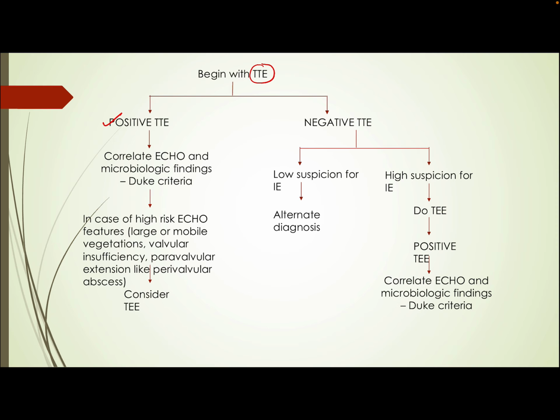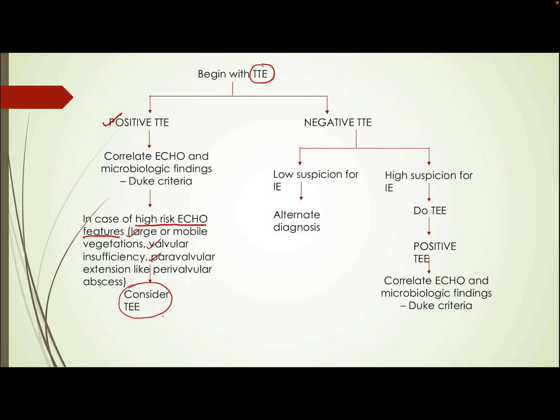Now, in case you have high risk echo features like the presence of very large or mobile vegetation, or severe valvular insufficiency, or a paravalvular extension like formation of a perivalvular abscess, these are high risk features, in which case you want to see those complications much more clearly, and that's why we go for a transesophageal echo after this. A perivalvular abscess is seen much better in a TEE than a TTE, so we would follow it up with a TEE in such high risk cases.